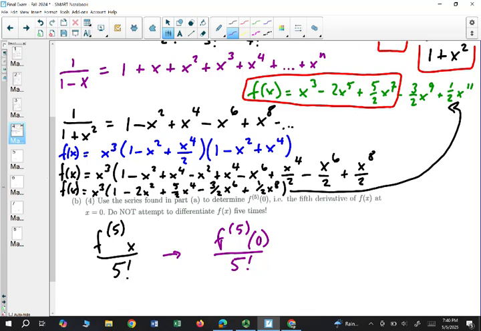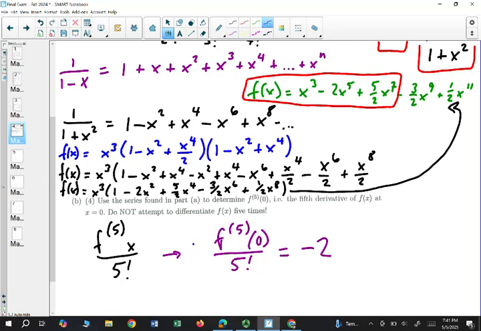Well, the coefficient, that's going to be all what this is. This fifth derivative at 0, that's going to be all part of what gives us this negative 2.